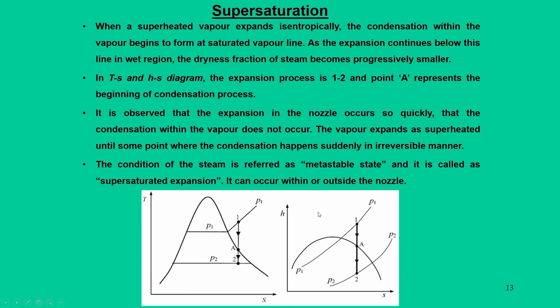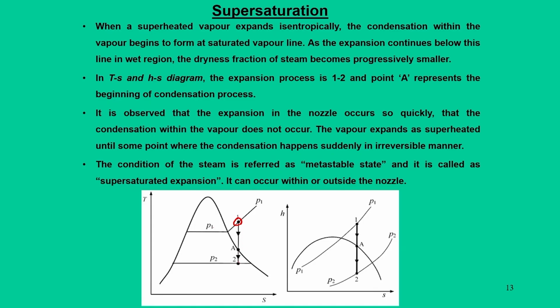So, what it means is that you recall our Mollier diagram, h-s diagrams and temperature-entropy diagrams. Here we see that steam in its superheated state, that is state 1, expands from the pressure P1 to P2, and this expansion process is in an isentropic manner.